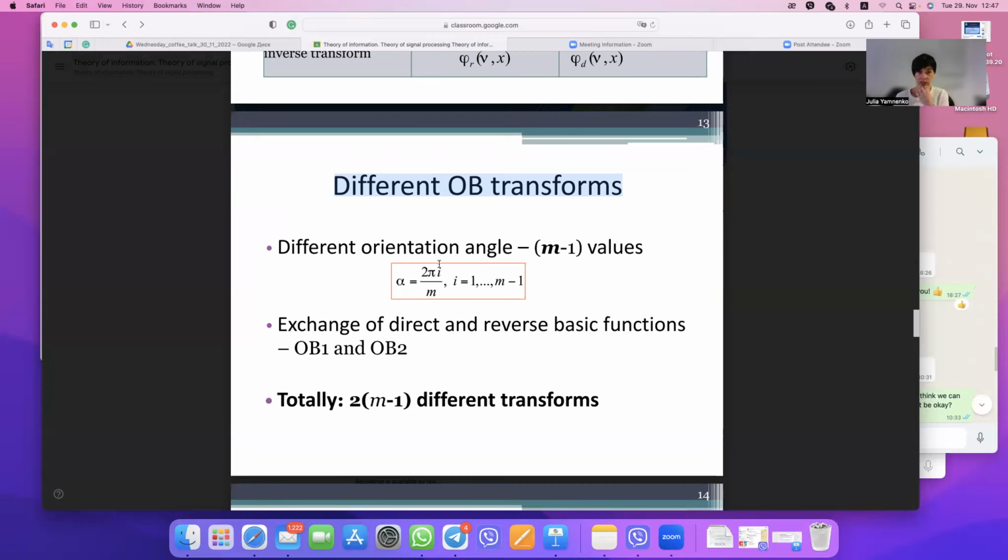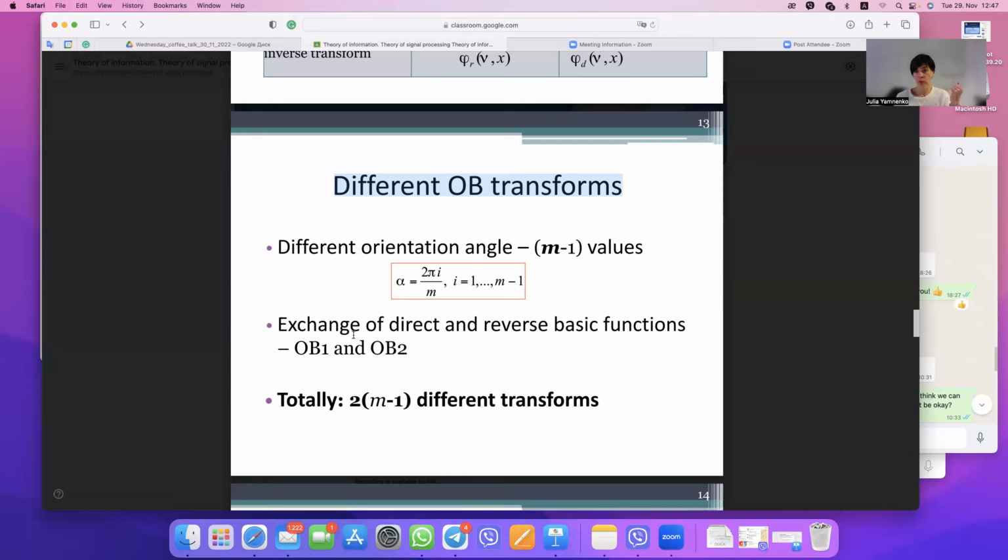Alpha can be defined as 2 pi i over m, and if you put different i here, we will obtain different angles. And if we trace our additional axis at these different angles, we will obtain different methods.